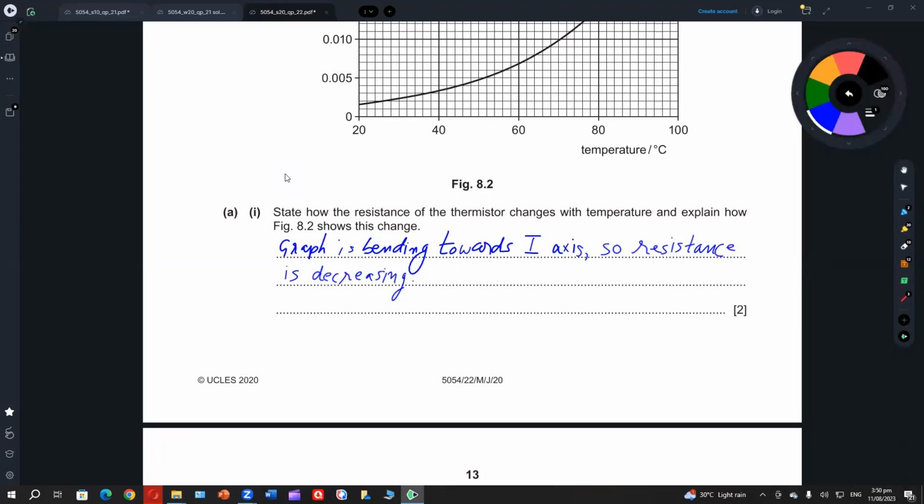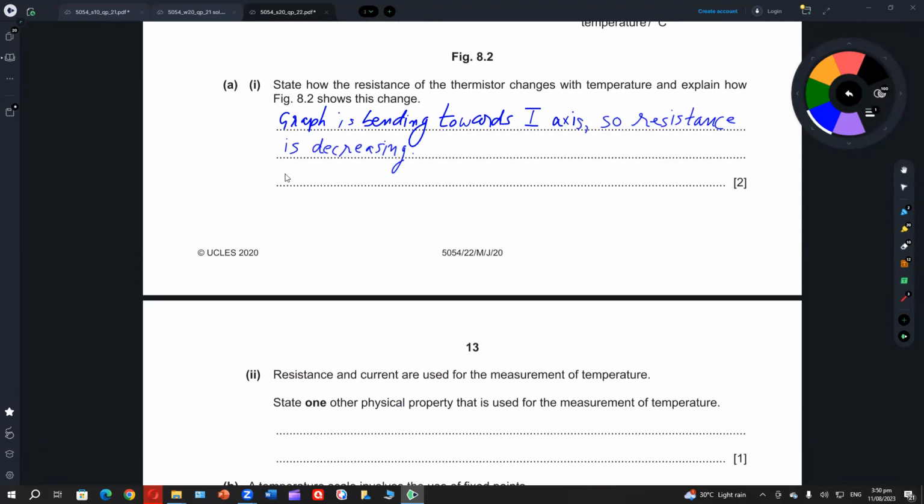So this is to remember. Can you please repeat the concept? If a graph is bending towards current axis, it means resistance is decreasing. If a graph is bending towards voltage axis, it means resistance is increasing. Very good. Now you have to copy this. Done. I've copied it.